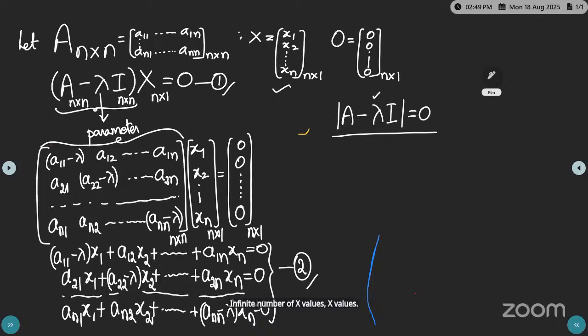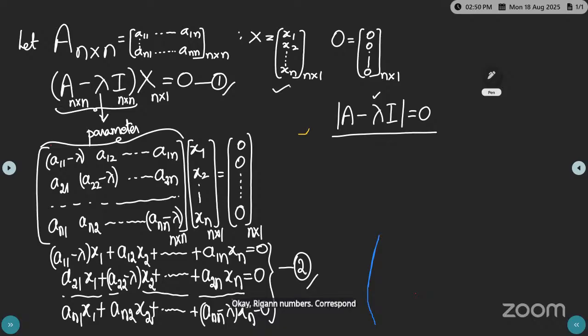Those x values are known as characteristic vectors or eigenvectors. And corresponding to each lambda, you are having n number of lambda values, which are known as eigenvalues or latent roots, characteristic roots, or eigen numbers.